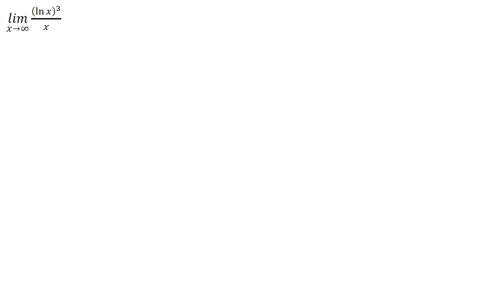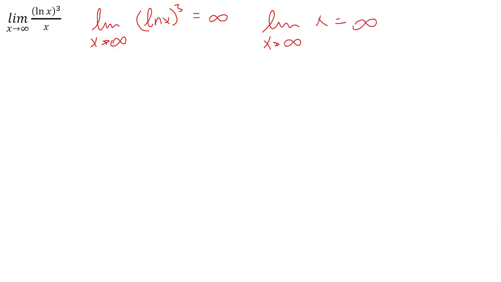All right, for our next one here, we are looking at a limit as x approaches infinity of the natural log of x cubed, which is infinity, and a limit as x approaches infinity of x, which is also infinity.